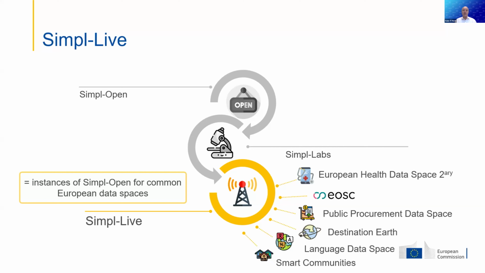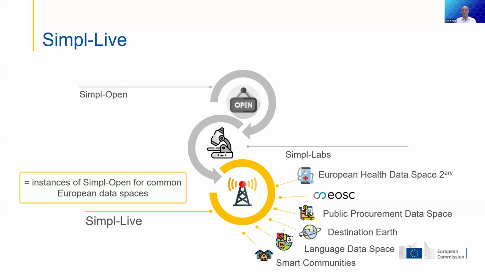We came up with a set of building blocks, and a lot of building blocks are instantiated already. So you have open source software behind it. You can use them like Lego stones, but other building blocks are still white spots. And here, especially Simple Open has the task to fill these white spots.